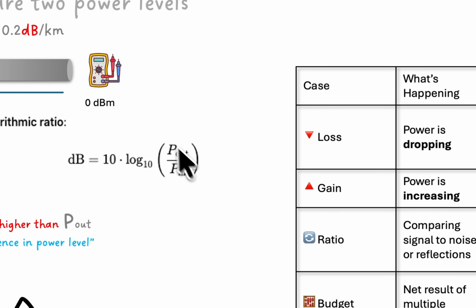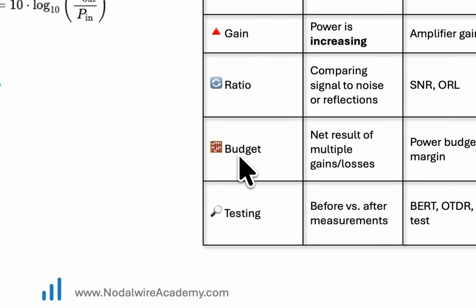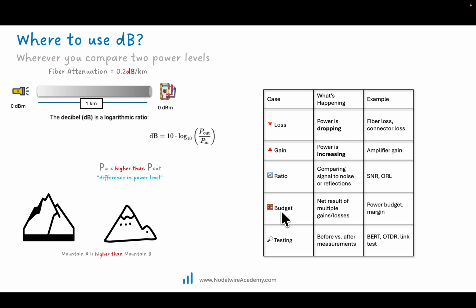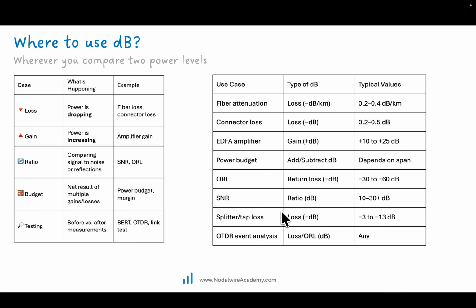Also when you are working with ratios, calculating budgets, and testing like OTDR and BERT testing, we compare the two power levels and the unit we use is dB. Here is the same example I have given. Look at that, the SNR values, attenuations, connector loss.